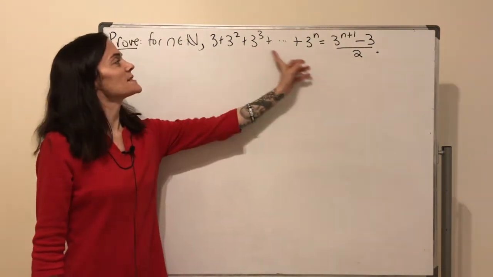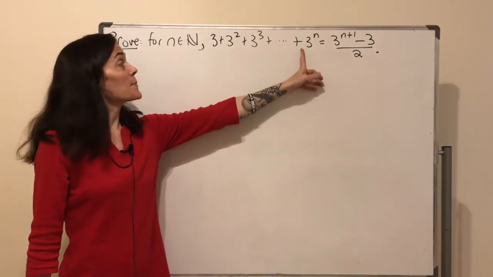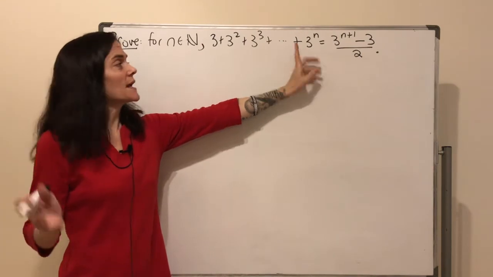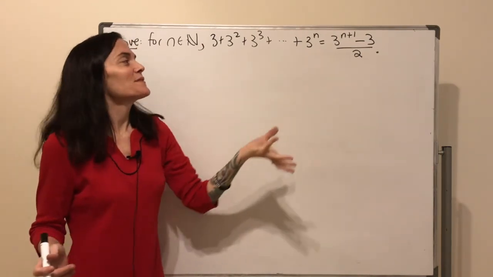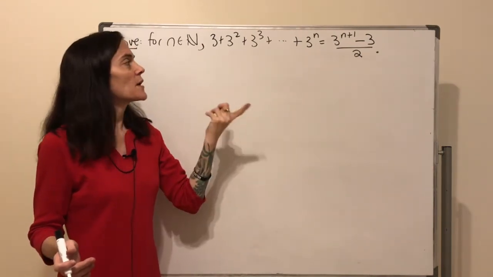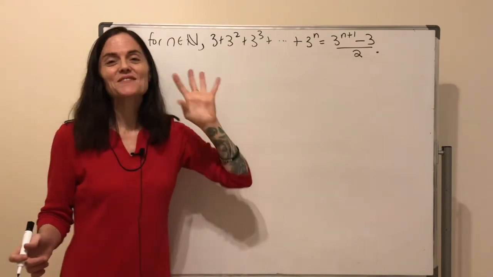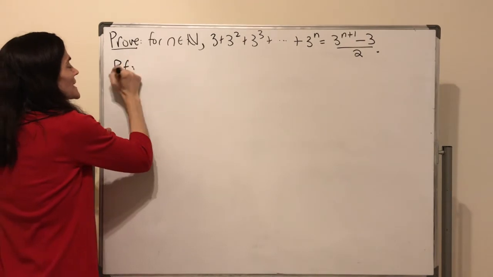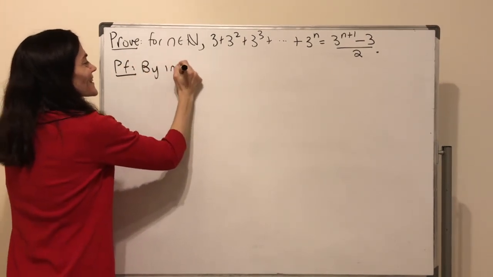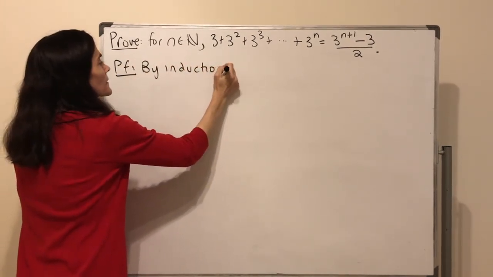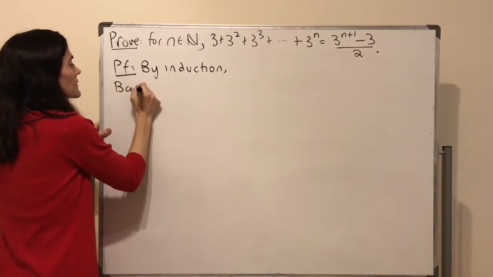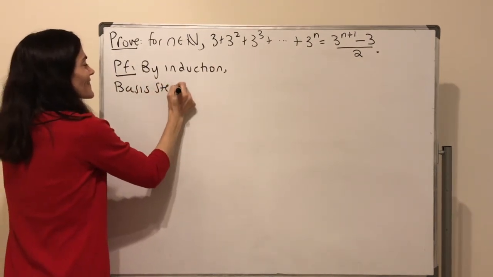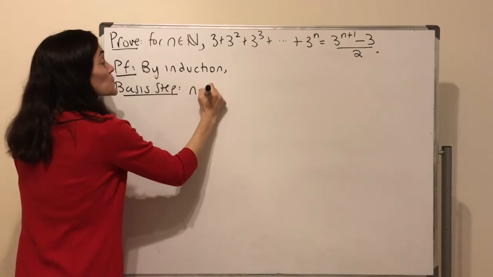Let's prove this sum, adding up these powers of 3. This equals 3 to the n plus 1 minus 3 over 2. And this is for natural numbers n. Again, by induction. N equals 1.